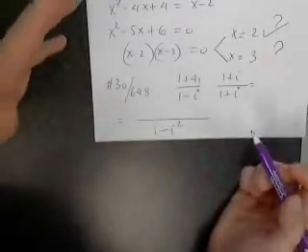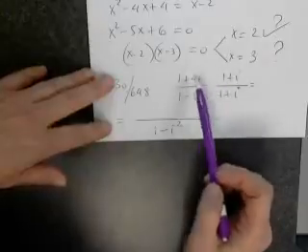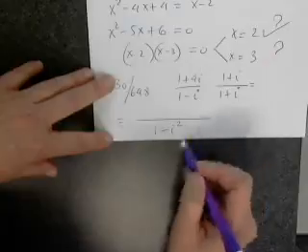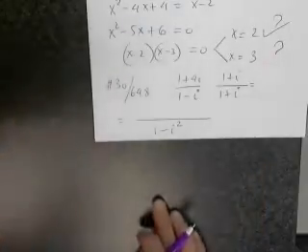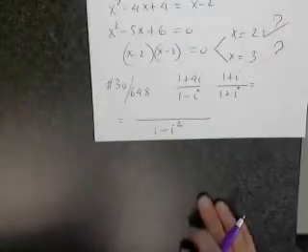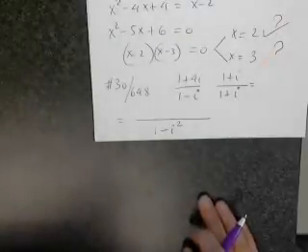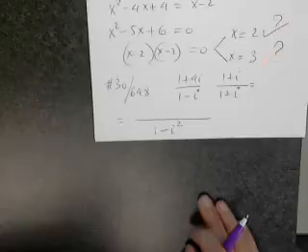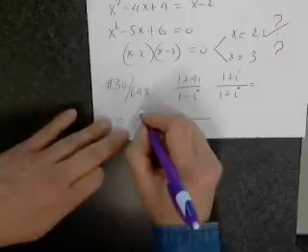I have to FOIL, right? So it's 1 times 1, 1 times i, 4i times 1, 4i times i. So what do I write? 1 plus 5i plus 4i squared.